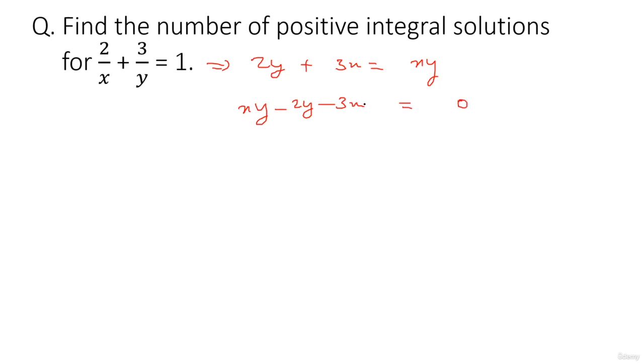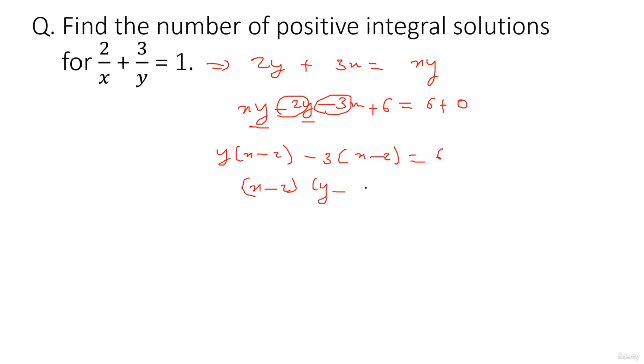Now we observe that these are minus 2 and minus 3. There must have been a missing term 6 which got cancelled, as we discussed previously. Secondly, you can take y common from these two terms. You will have x minus 2, minus 3 common from these two terms. x minus 2 will be equal to 6. You land up with the exact same equation, right guys? x minus 2 into y minus 3 is equal to 6.